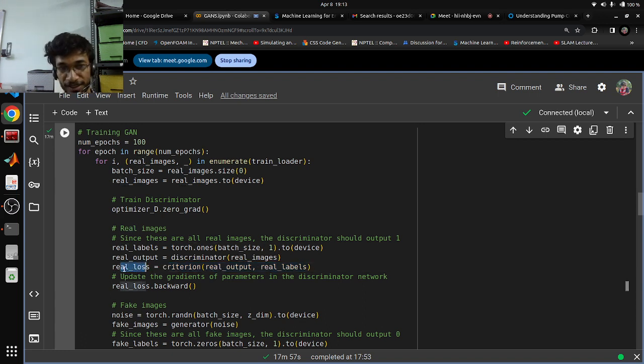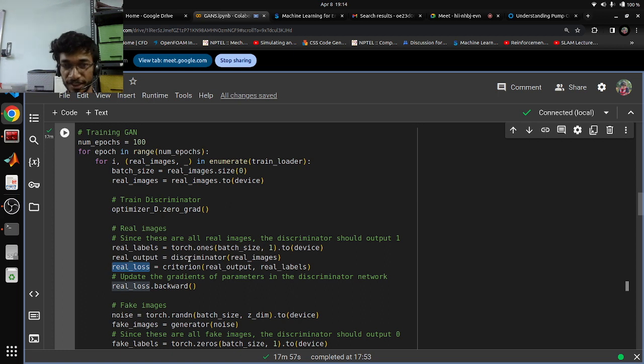Now since I fed in this real output, and the real output is a function of the discriminator, whatever parameters are present in the discriminator function, the real loss is also a function of them. Is that part making sense?